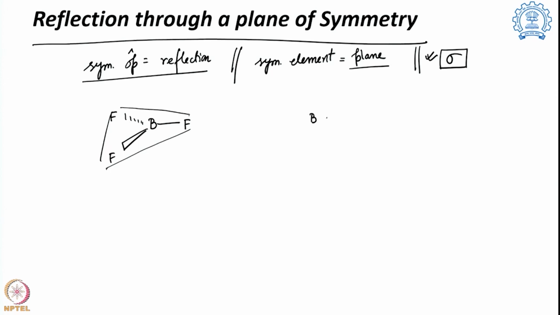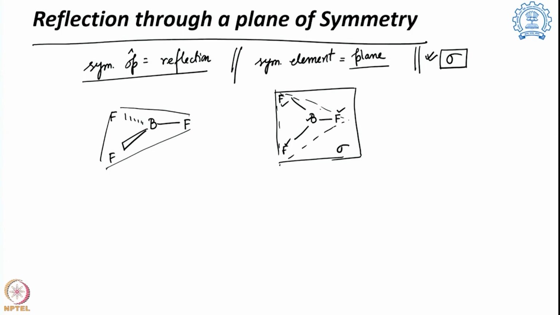If I draw that again with a 90 degree rotation, I get this particular molecule, and the plane of the paper where this molecule is situated is actually a plane of reflection, where you put the molecule on the reflection plane itself. So what happens? The fluorine reflects on itself, boron reflects on itself, same for this fluorine. So the reflection is exactly the same as it is, and that is why we call it a plane of reflection.